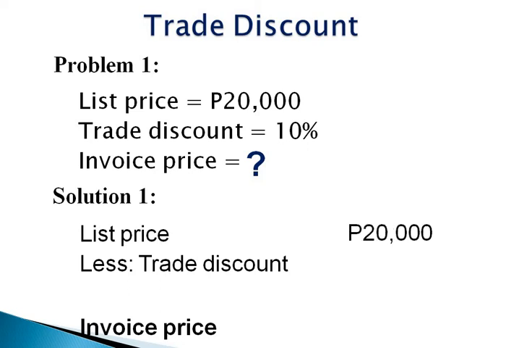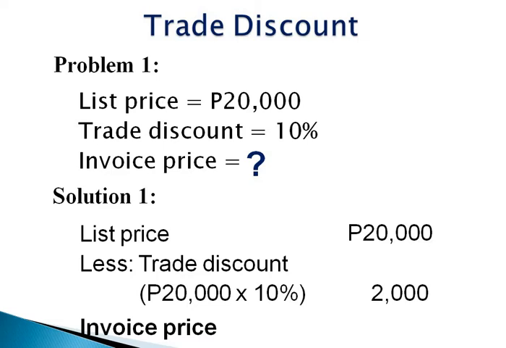So, list price of 20,000 pesos less trade discount of 2,000 pesos, computed by multiplying the list price of 20,000 by 10%, will give us 18,000 pesos invoice price.